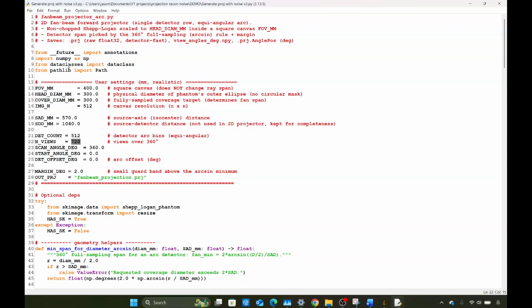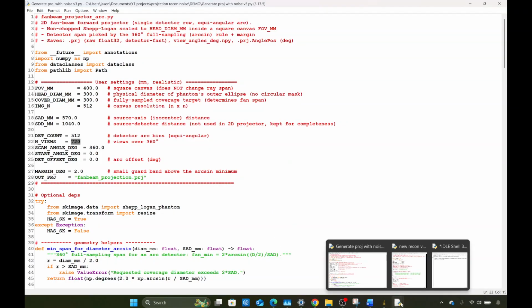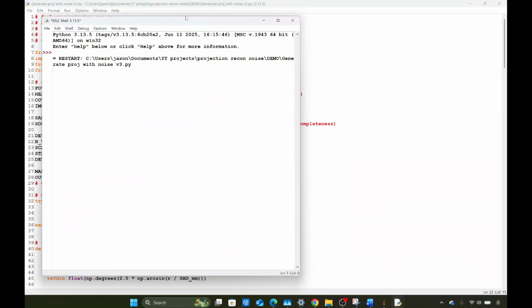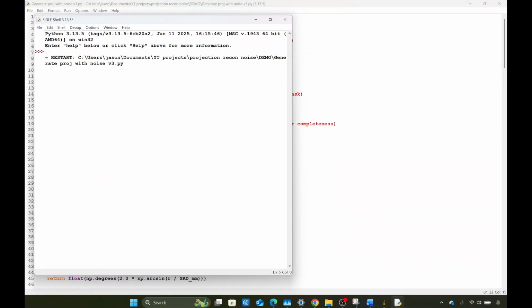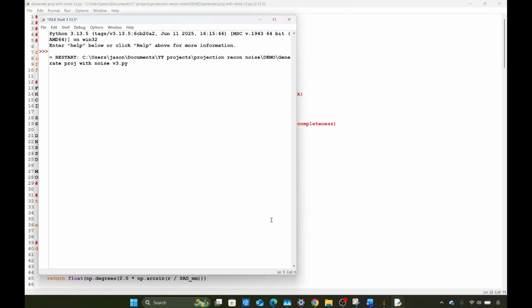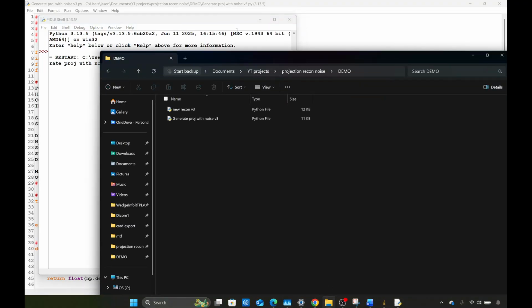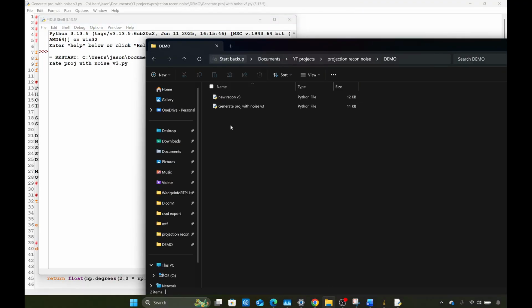And if you want to see the detailed explanation of how the projection is generated, check out my other video, and I will link it in the description. It will take some time to simulate the three full projections. And when it's done, it will write to our folder.